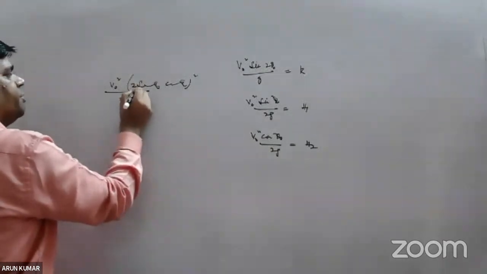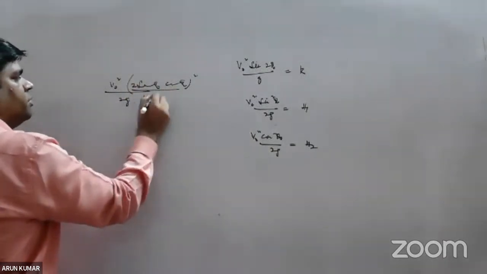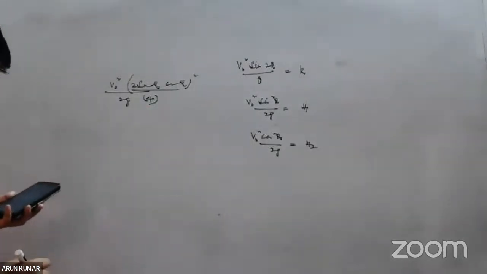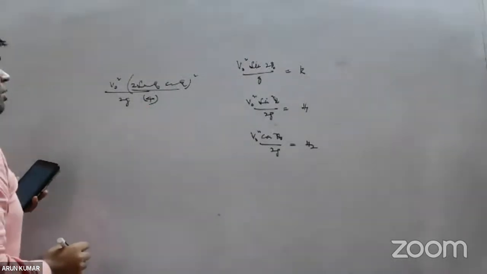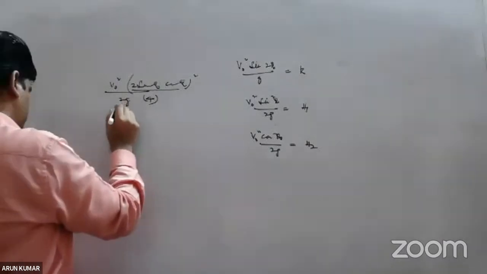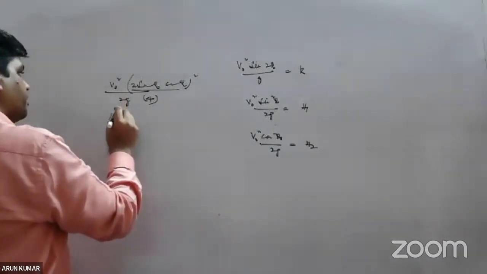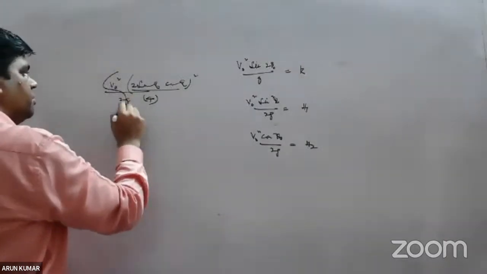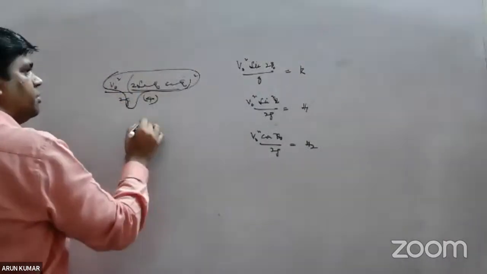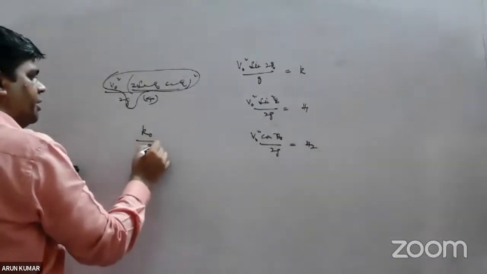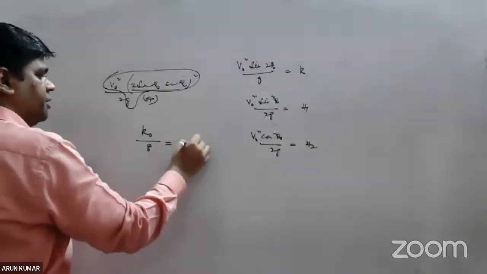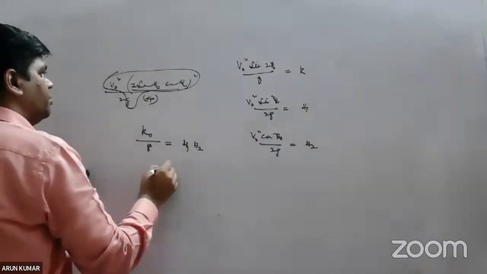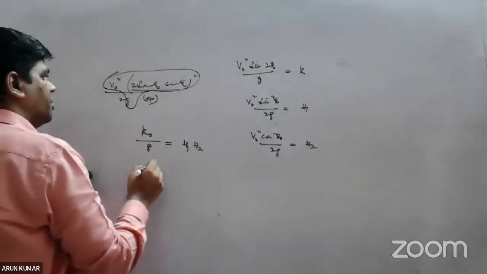If I multiply and divide by 2, I'll get this as V naught square by G. R by 8 is equal to H1 H2. Sorry, R square or R?